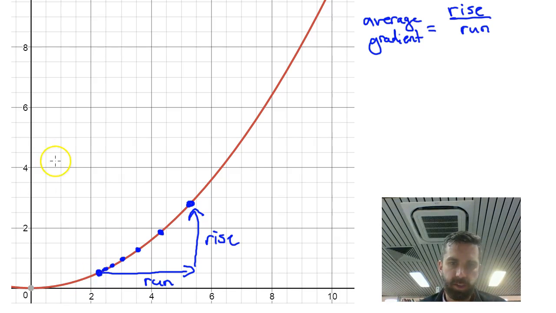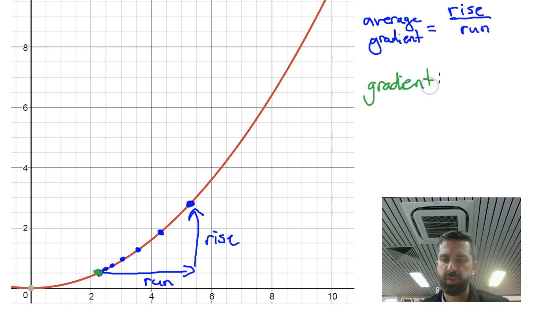So we started to think, well, what is the gradient at a single point on the graph? And we said, well, if you got those 2 points super close together, you would have a really accurate estimate of the gradient. And as it turns out, there is actually a nice little formula or a nice little idea for working out gradient at a point.